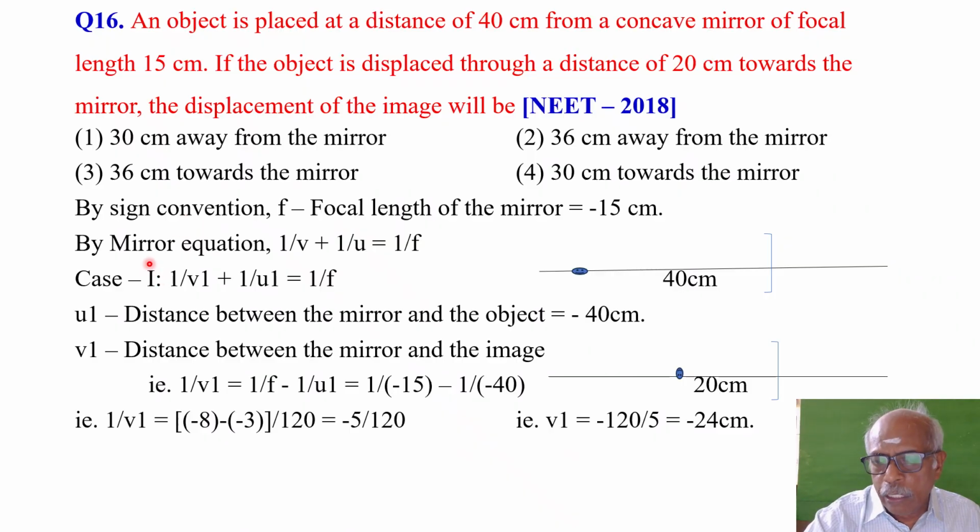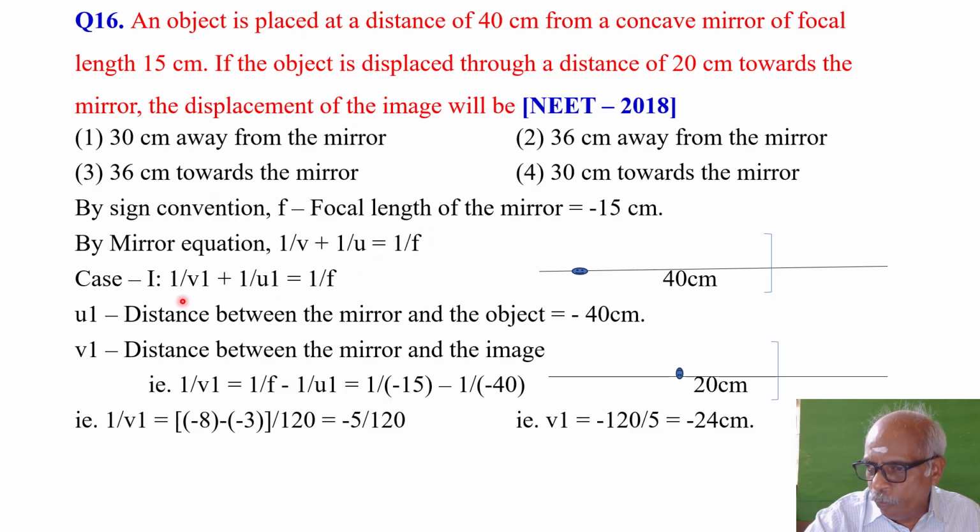You have one equation called the mirror equation that gives you 1 by v plus 1 by u is equal to 1 by f. What is v? Distance between the image and the mirror. What is u? Distance between the object and the mirror. And f is the focal length of the mirror.